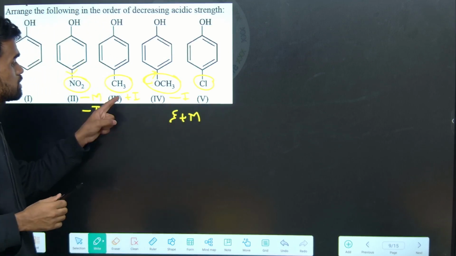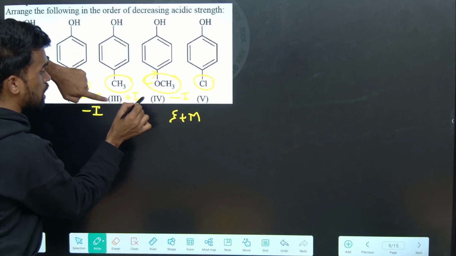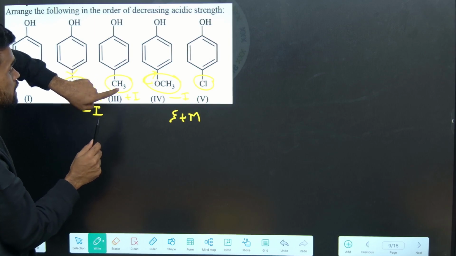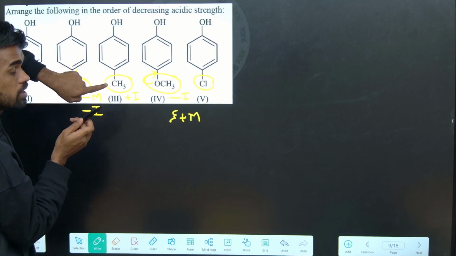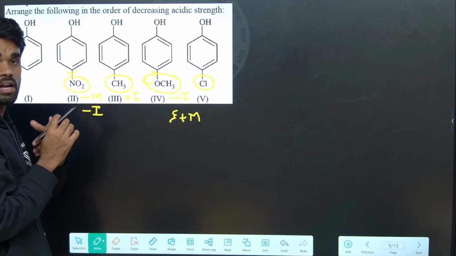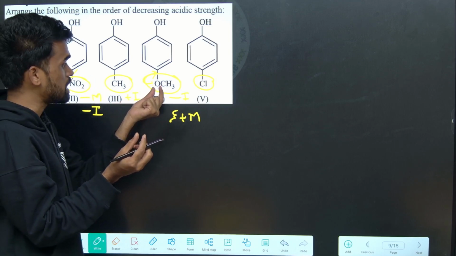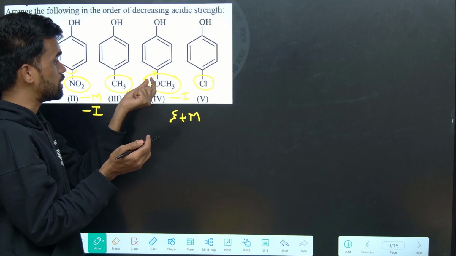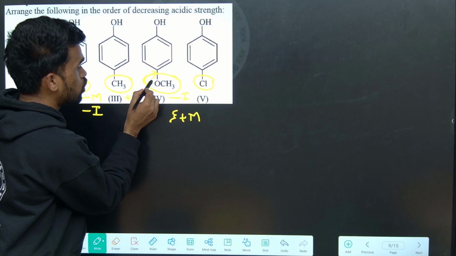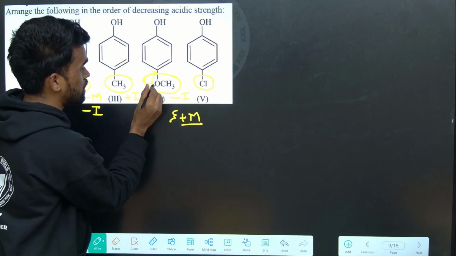How am I saying this is a plus I group and this is a minus I group? See, alkyl groups are always plus I groups, and there is no mesomeric effect because there is no non-bonding electron on this atom, so there is no need to discuss mesomeric effect. Only those species which have non-bonding electrons in conjugative positions will show it. Here we have a lone pair, so oxygen can show mesomeric effect, that is plus M effect, it can donate.